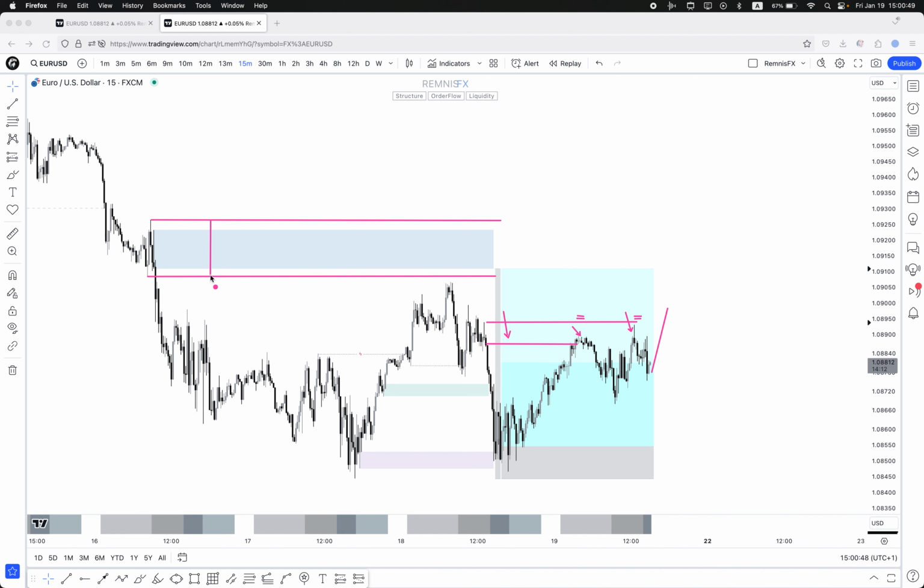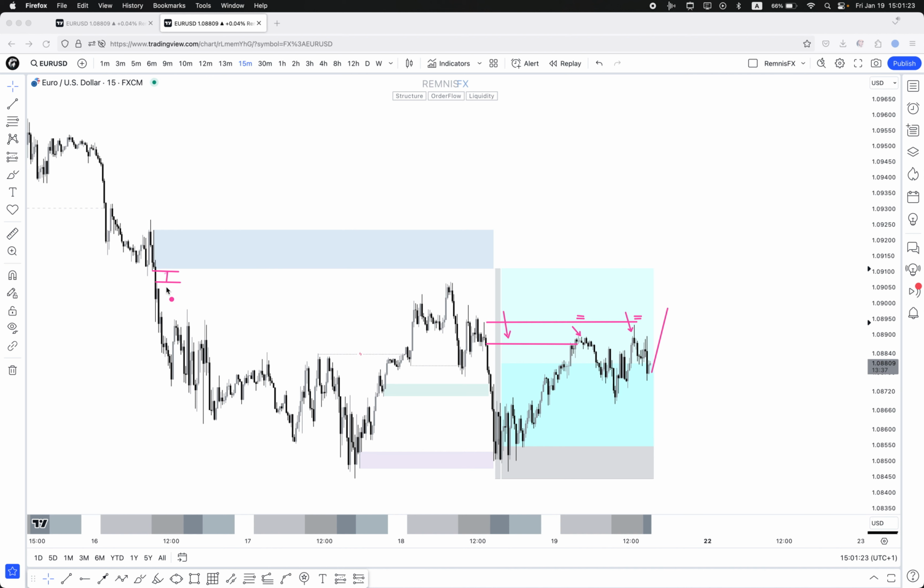This one definitely has my attention, because not only did this wick take out the previous candle to the left, it also created efficiency at this candle, which in return did the same, taking out the candle to the left. And then I spotted this imbalance, or fair value gap, open price gap, however you want to call it, sitting below that POI.